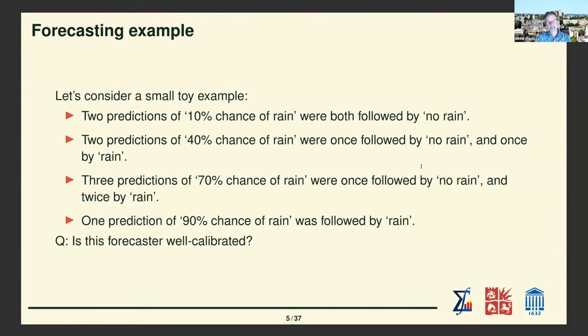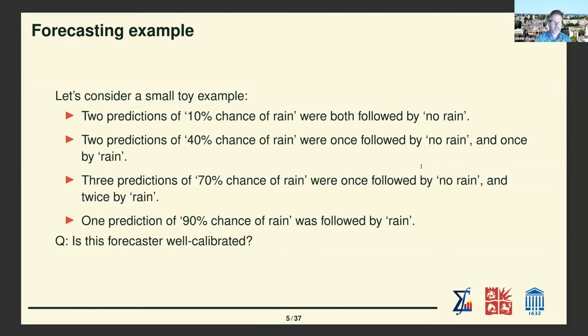And the answer is actually yes, pretty well calibrated. The two predictions of 10% could have been 0% to match the empirical probabilities. The 40% could have been 50%. The 70% could have been 67%. The 90% could have been 100%. But this only if we take our empirical probabilities very seriously, which is of course a bit risky with such a small sample set.